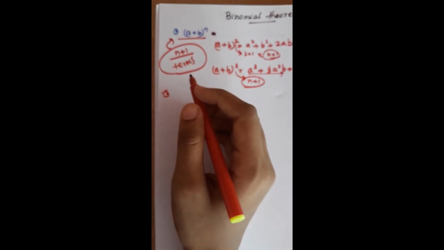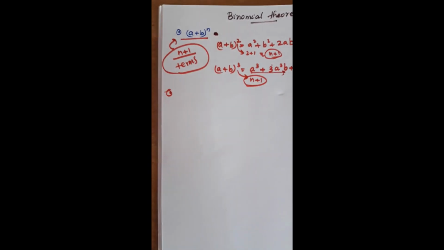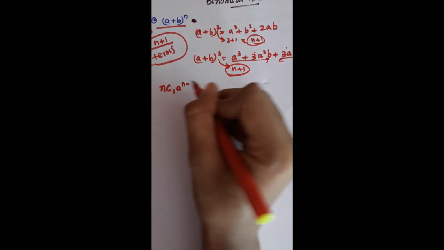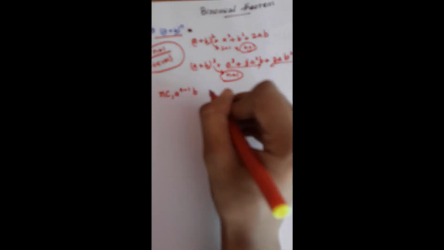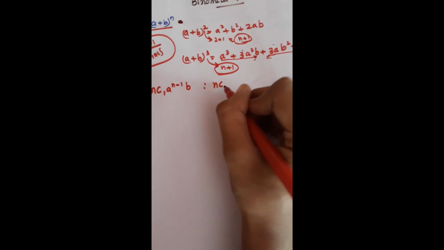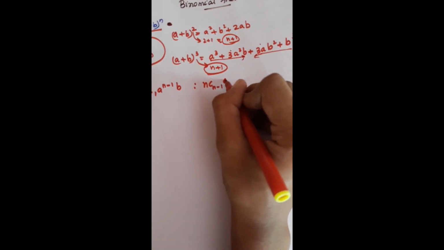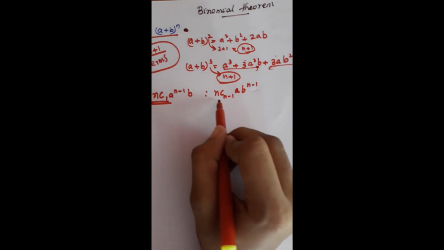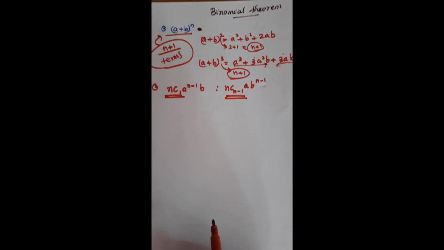Just note it as nC1 a^(n-1) b and nC(n-1) a b^(n-1). We are not saying that these two terms are equal, but the coefficients are equal.